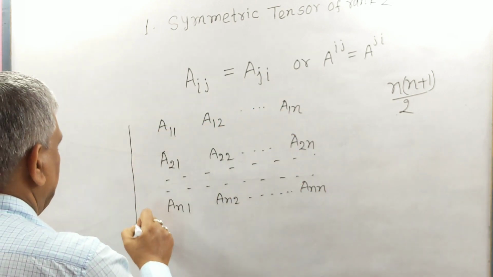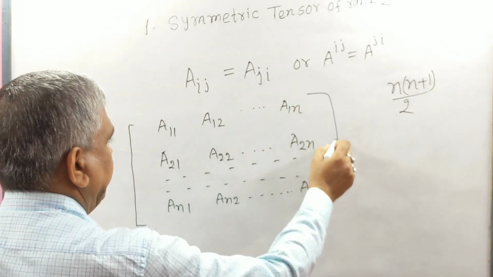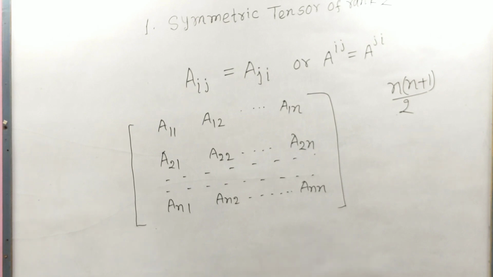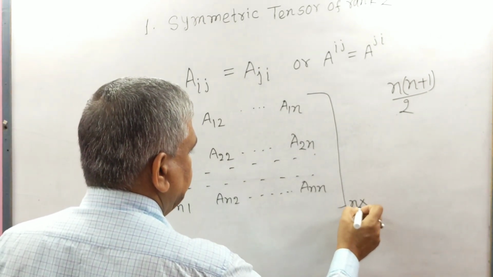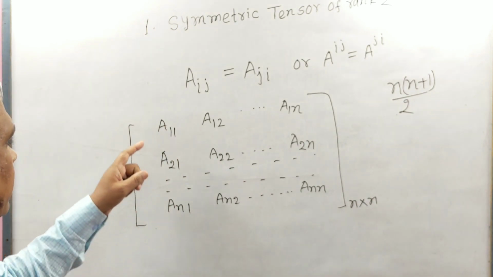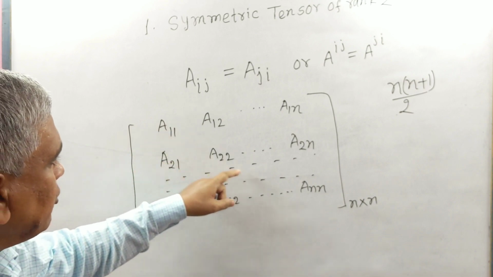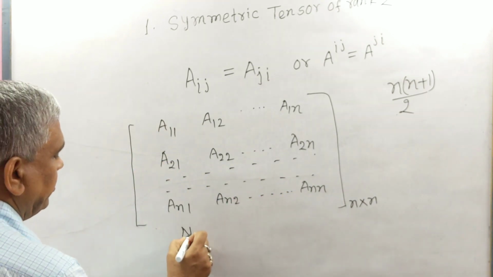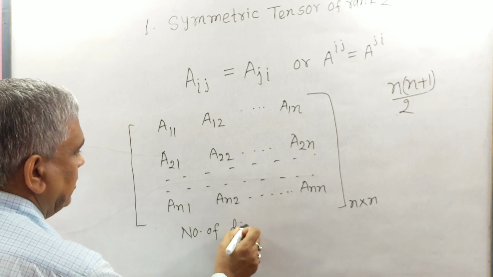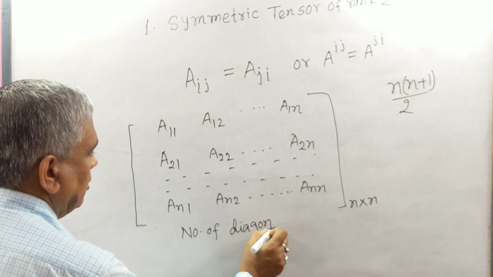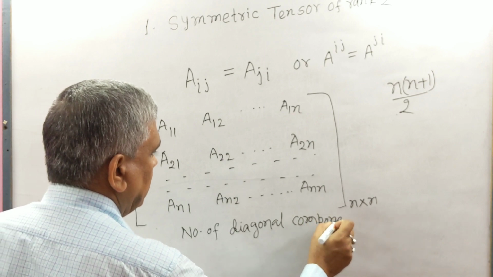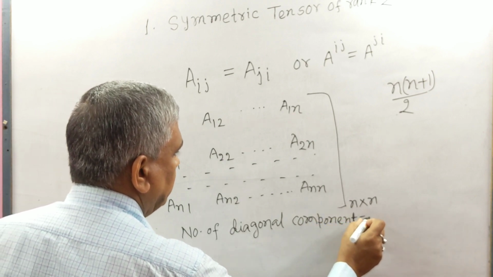The number of diagonal components equals n.